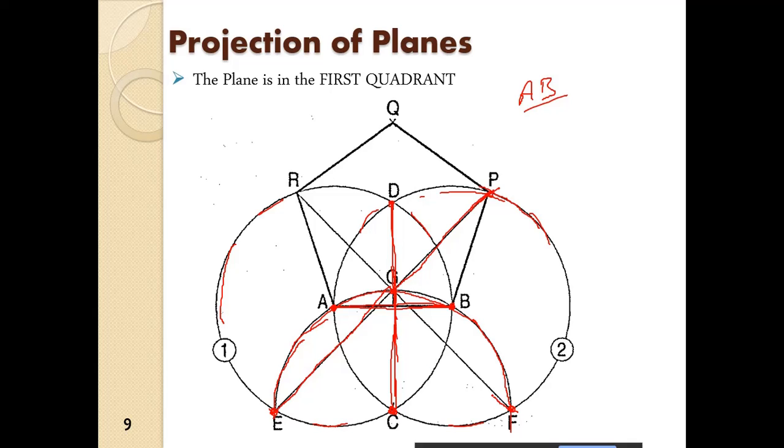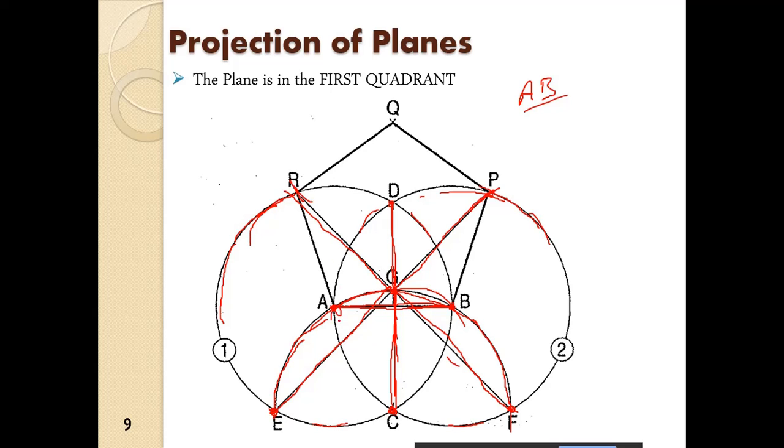From F, you join G. G is the intersection of this circle at C center and the bisector. So you join F to G, and from G you extend it to meet this circle, the first circle at R.